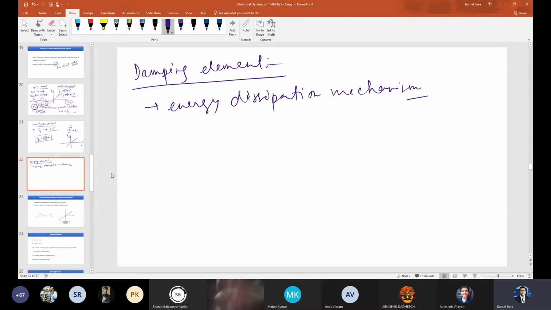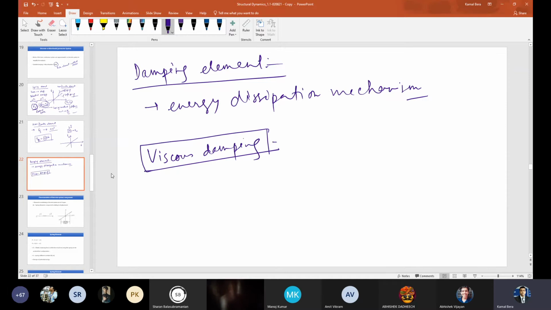It is actually very difficult to determine the damping in an actual practical system. One of the easiest ways to model damping is known as viscous damping, which we will consider in most of this study. Viscous damping is also called velocity proportional damping.